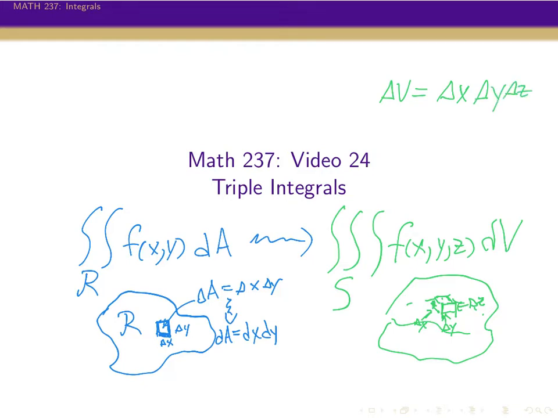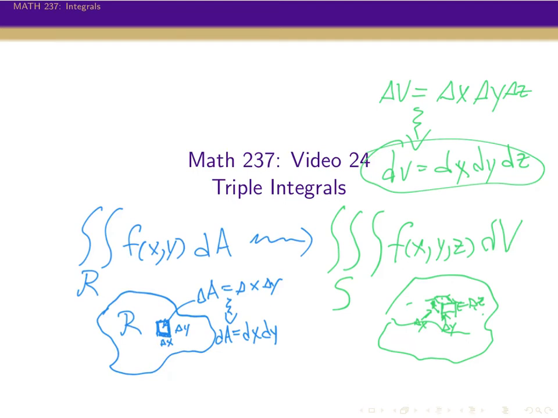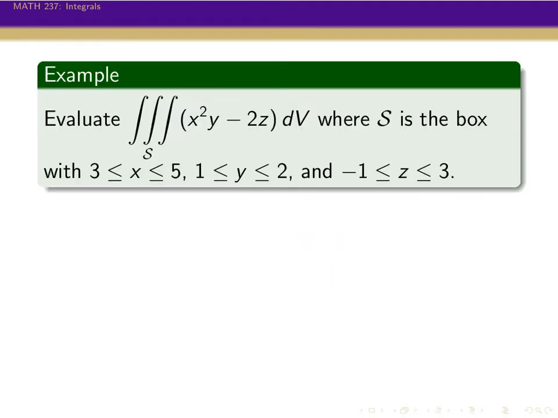When we take our Riemann sum and take the limits, dV is dx dy dz, or some other order. For 3 of these, there's actually 6 different orders you can put them in. I'm not going to write them all out, but this is what's going on. And the same idea with each integral, you're taking care of one variable at a time. So let's jump in and start doing some examples.